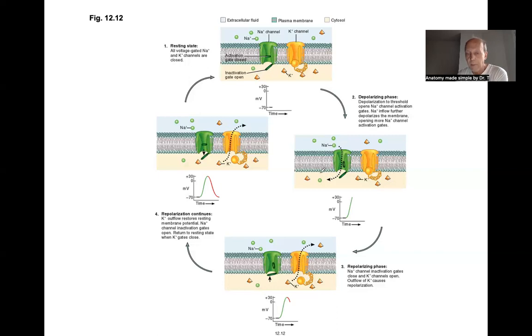So if the cell was measured at -70, with each positively charged particle we are offsetting that kind of negativity, so to say, and we're bringing it from -70 to -69, -68, and so on, until we reach -55, which is the threshold level.